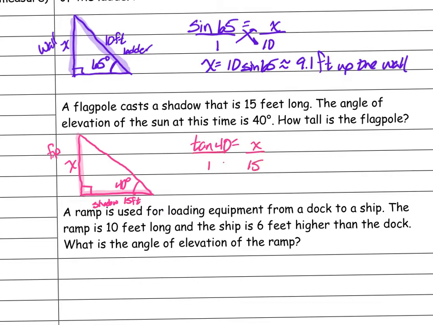So make a fraction, cross multiply. So x is going to equal 15 tangent of 40, which is approximately 12.6 feet tall. So my flagpole is 12.6 feet tall. Good job, you guys. Okay, next one.